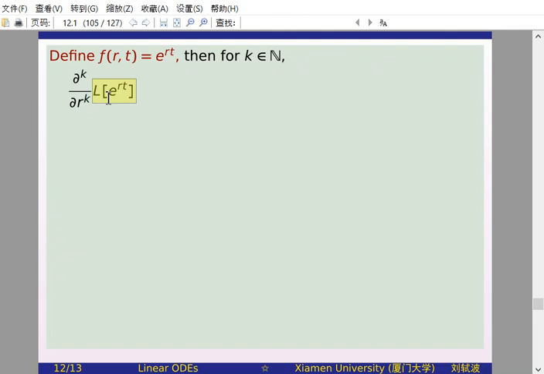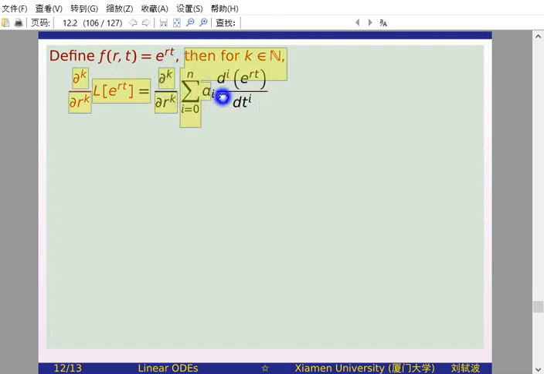How to compute this? L e^(rt) is the linear combination of the i-th ordered derivatives of e^(rt). This fraction is the i-th ordered derivative of e^(rt), multiplied by a_i and summed up. This summation gives us L e^(rt), and we need to take the k-th ordered derivative with respect to r.